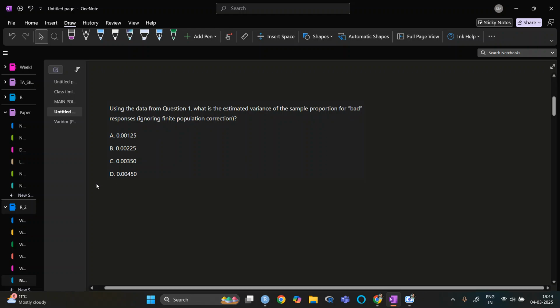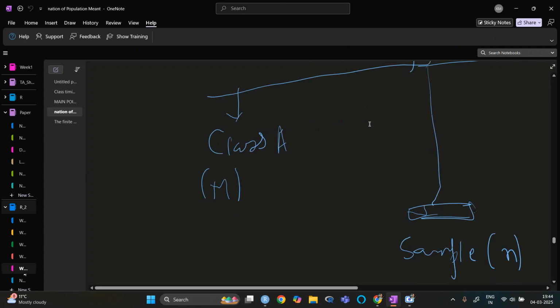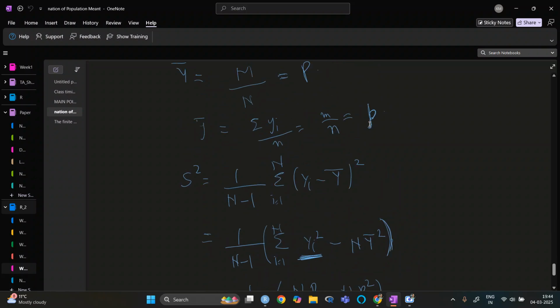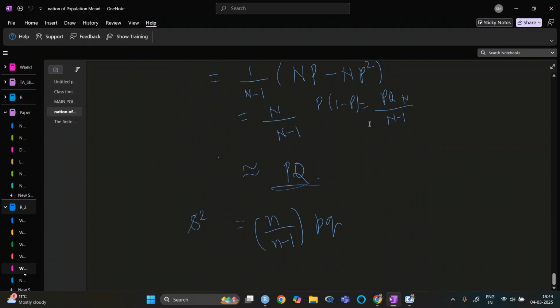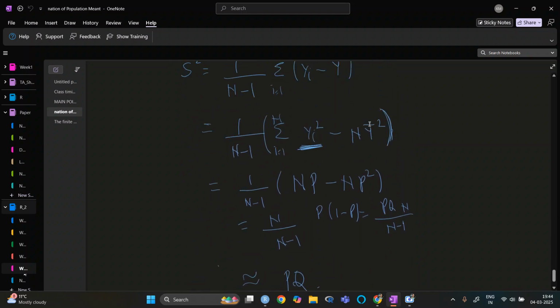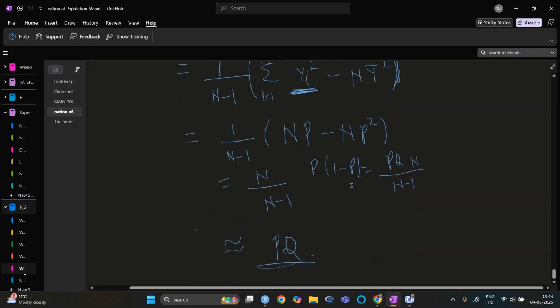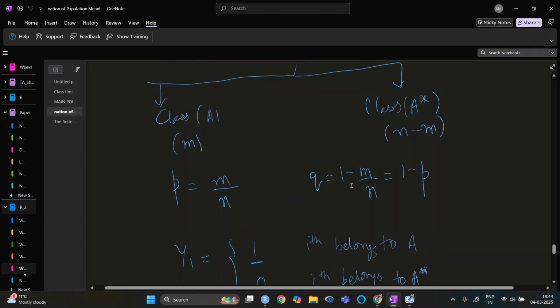In the last class, we have seen that if this is our sample proportion, then this one is PQ, the S square.